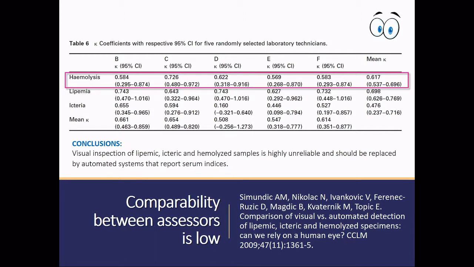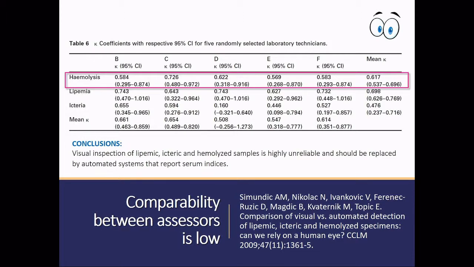So if you give a set of samples to 5 different technicians and ask them to rate the degree of hemolysis, then you'll see that there is a very poor reproducibility between them in terms of how well they detect the degree of hemolysis.